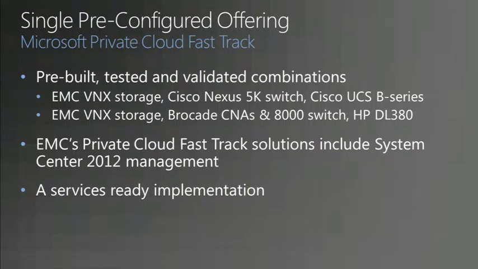So we have a solution that we're working with Cisco, and that has some really nice attributes because of that service profile model, where we can do much more in terms of managing and orchestrating that environment. And then for people that might want another server vendor and some Brocade interaction, we're also coming out with a configuration in that environment.